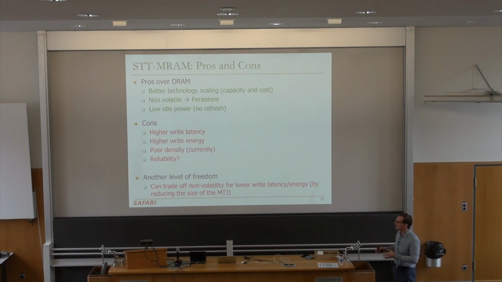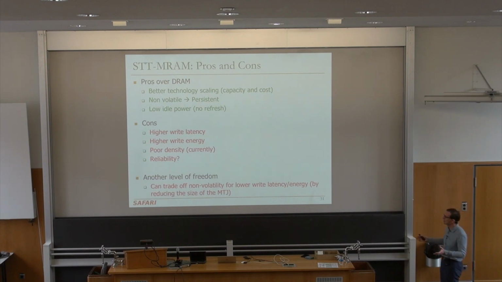As a result, you unfortunately give up non-volatility and this persistence and some idle power. But now you become very close to DRAM in terms of both read and write energies. So that becomes very interesting. And also your size reduces. So in terms of density, you become slightly closer to DRAM.